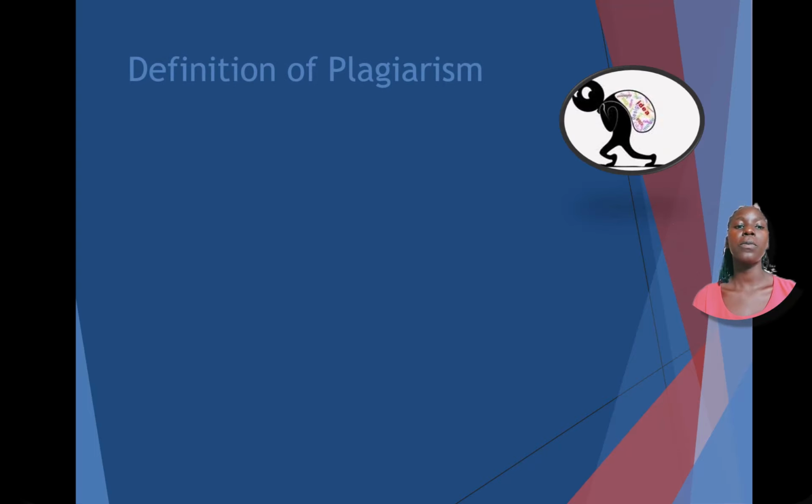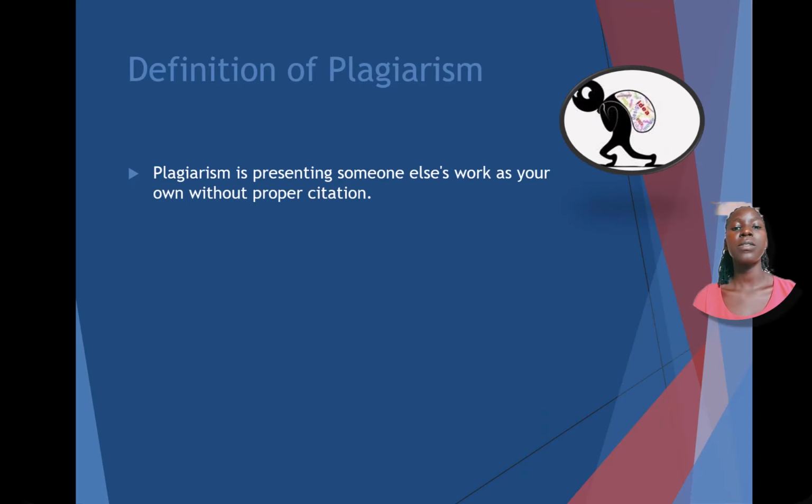So, definition of plagiarism. Plagiarism is presenting someone else's work as your own without proper citation. Here you present the work as if the other author did it without any clear citation. In plagiarism, you use the same words, ideas, images, and data as the person who owned that work.